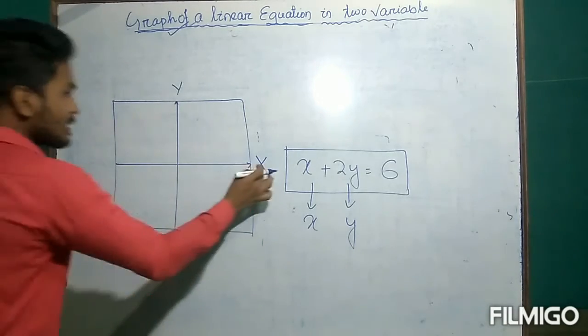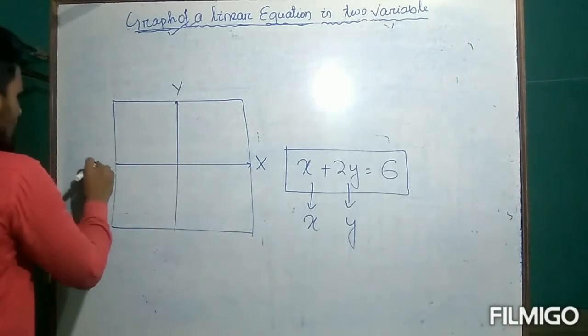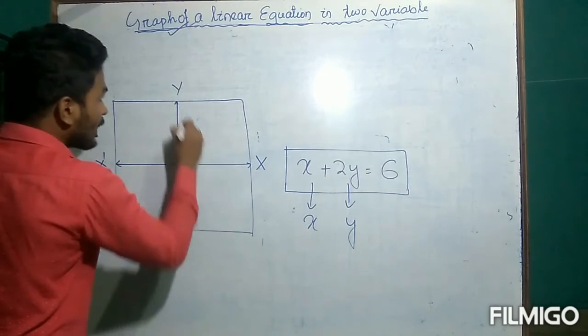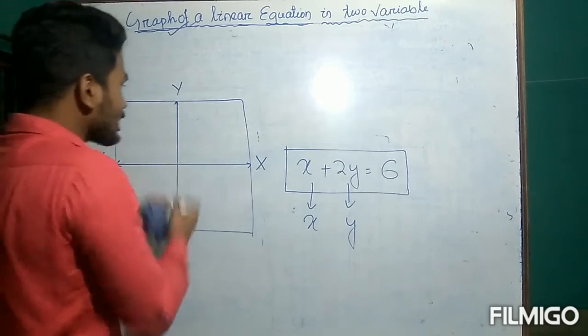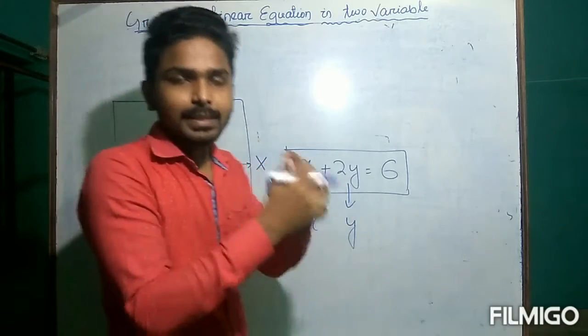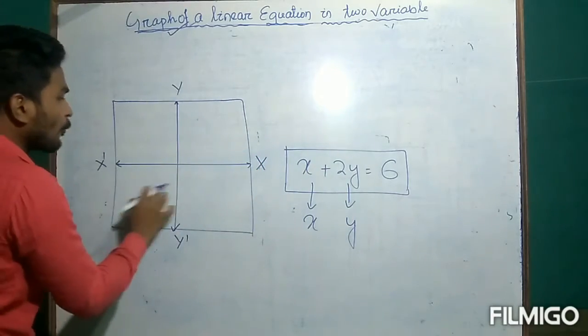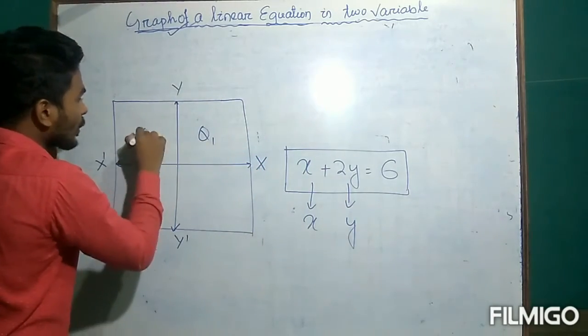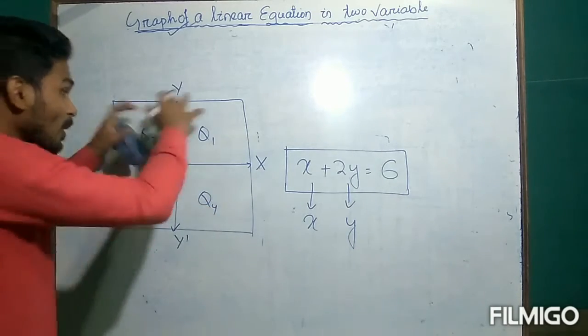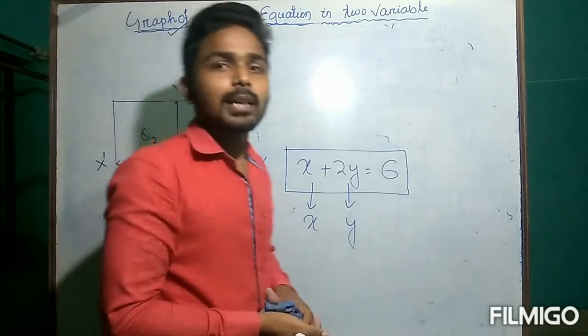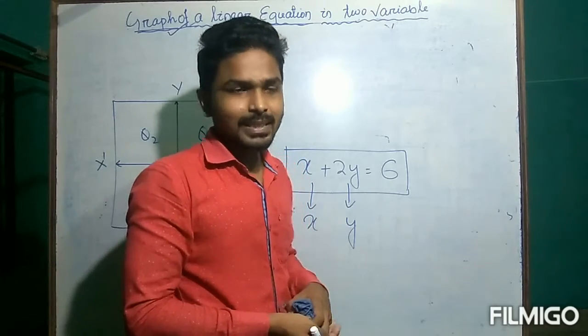Now this terminal is x, this terminal is x dash, this terminal is y and this terminal is y dash. Whenever these two axes intersect each other, they form four quadrants: quadrant 1, quadrant 2, quadrant 3 and quadrant 4. This system is known as the Cartesian coordinate system, isn't it?